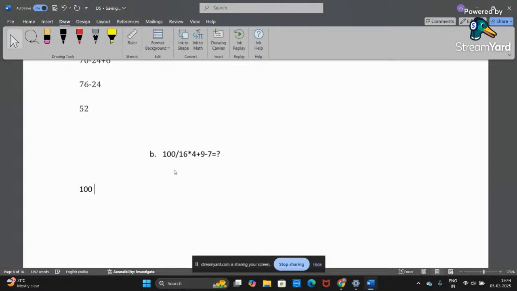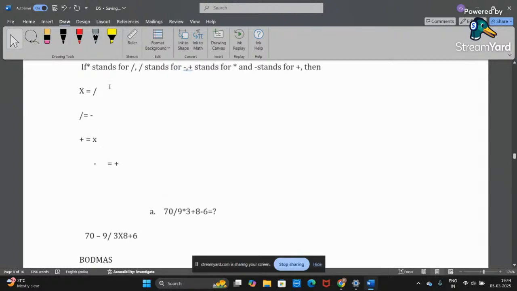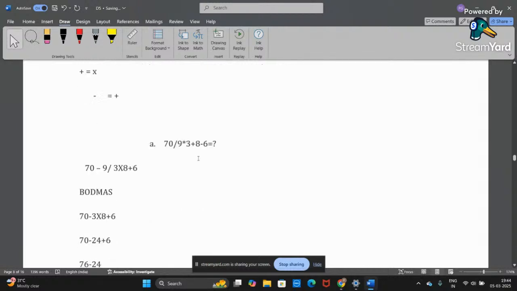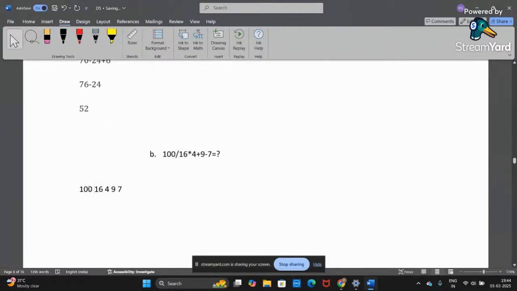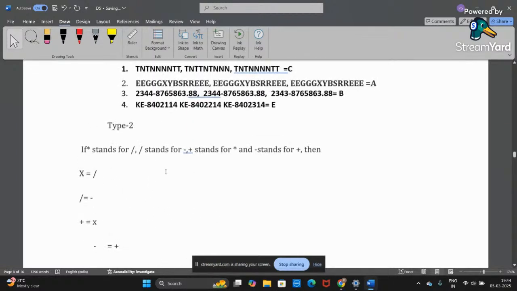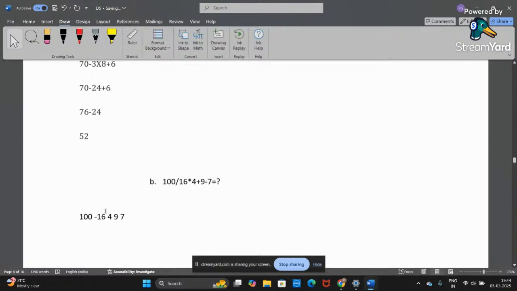Same way, we have to write the numbers first. Let's write it down. Then let's change the signs. Here, division is replaced with what? Subtraction. Multiplication is replaced with division.